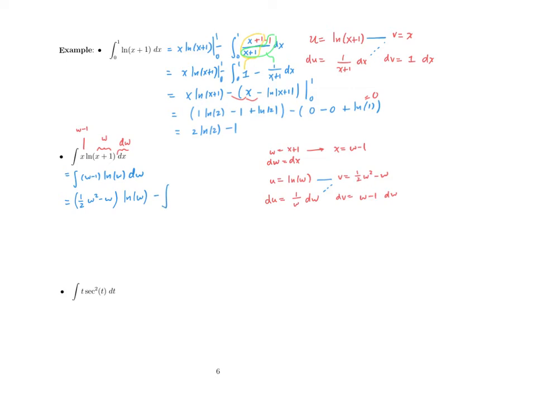And note, just to simplify as we go along, the 1/w in the du cancels off one of the w's in each term of the v. So those would combine together algebraically to be 1/2 w minus 1. And our resulting integral is very reasonable.